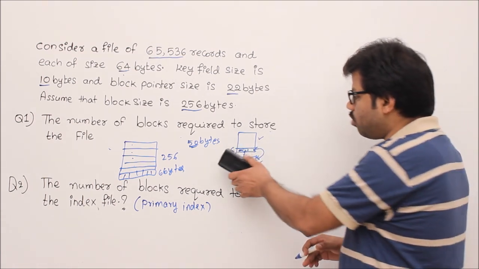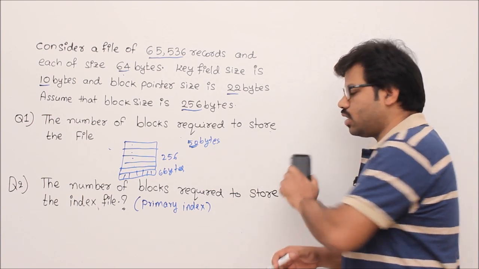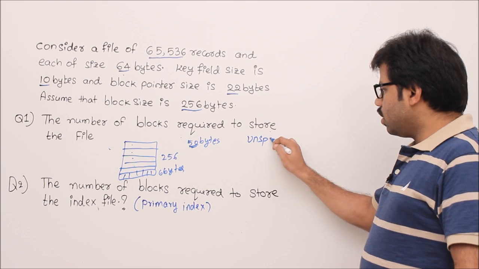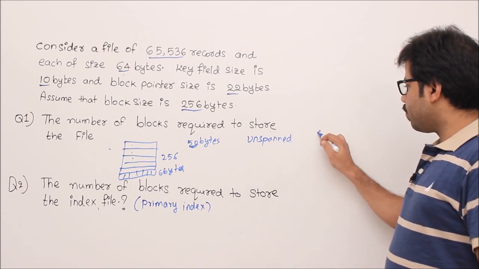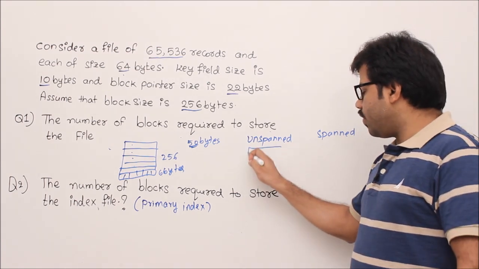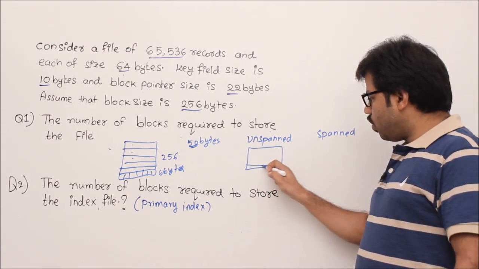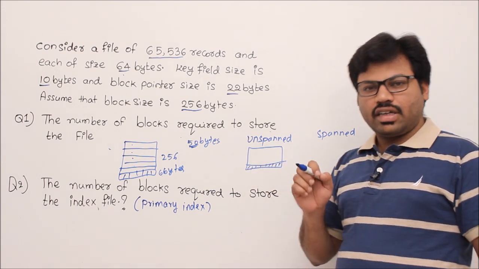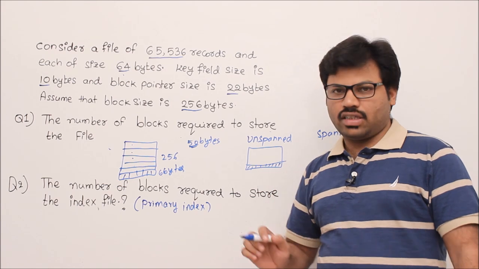So that's why there is one more organization possible. What is the solution? We can go for another organization, that is called unspanned organization. Whatever we discussed earlier is spanned. Now in unspanned organization, though there is a wastage of space, we ignore that remaining part. We keep only full records, otherwise nothing.